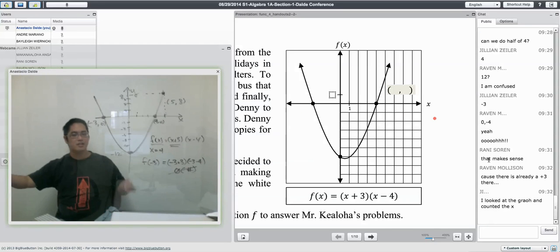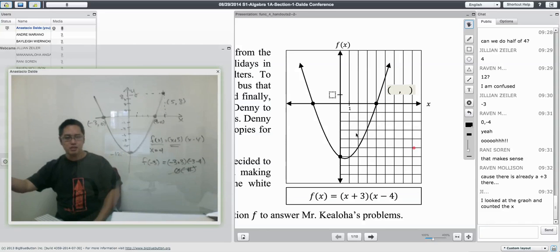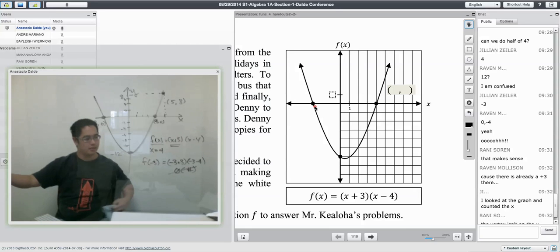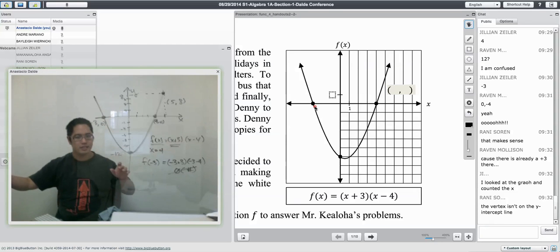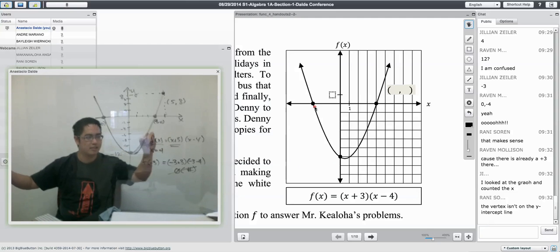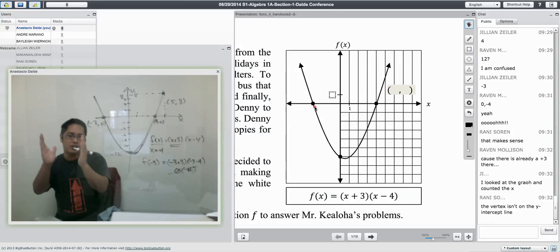Counted the x. Okay, well, the thing is, when you look at this graph, it didn't print out, so you can't really be 100% sure. But I like where Raven's mind is going on this one. Rainey is saying, wait, the vertex of this parabola, the vertex being the lowest point of this parabola, isn't exactly on the y-intercept, so it's kind of shifted to the right.